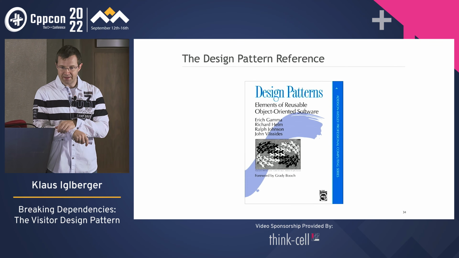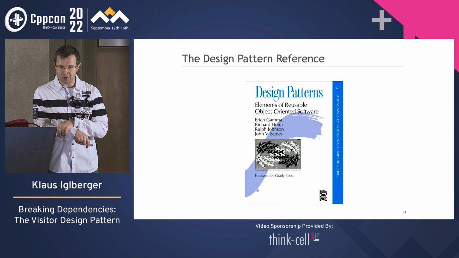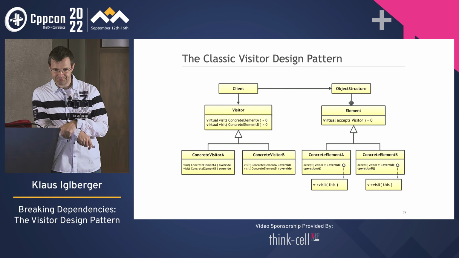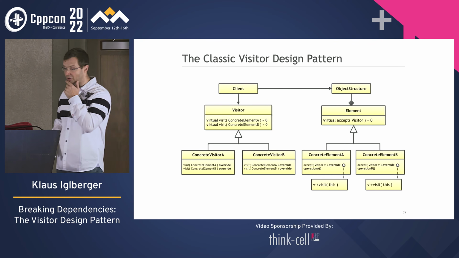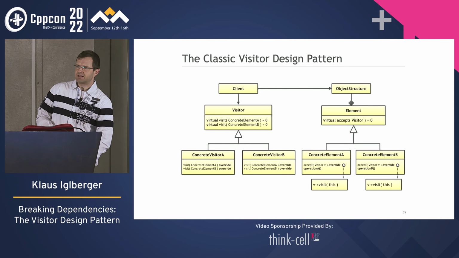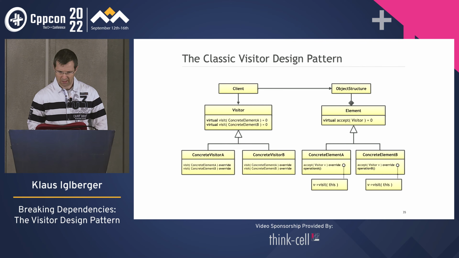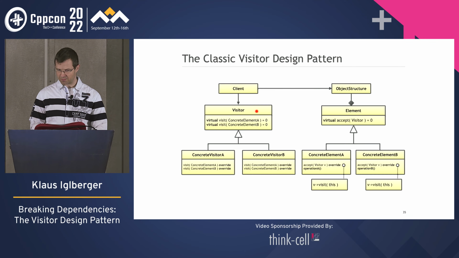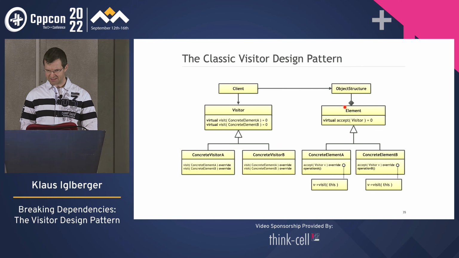So I now take a look at this book and I pick out one of the design patterns, the visitor design pattern. And now this is exactly the UML diagram that the Gang of Four presents to us, which is not simple. Not really. There's a lot of concrete classes down here. There's a lot of classes where it's not quite clear what they are supposed to be. So a visitor, an element.